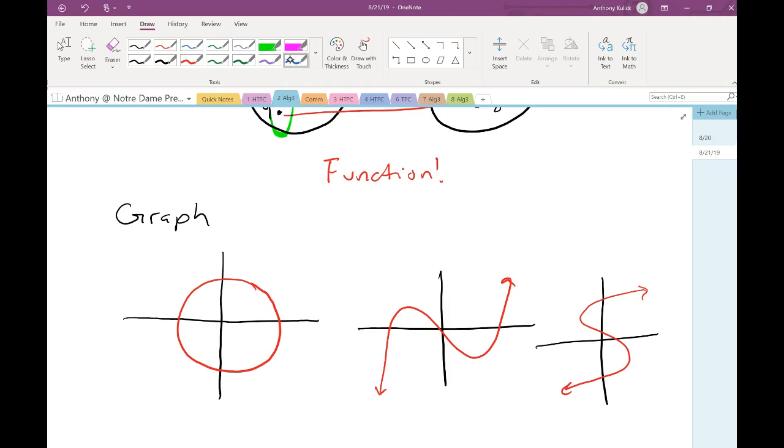So, remind me again, what do I need to look for if I'm determining if something is a function?